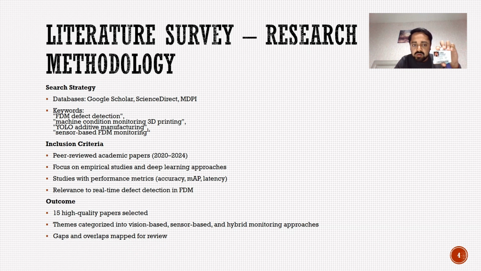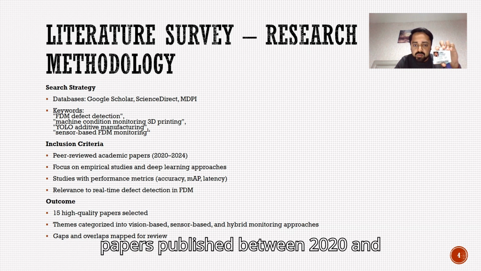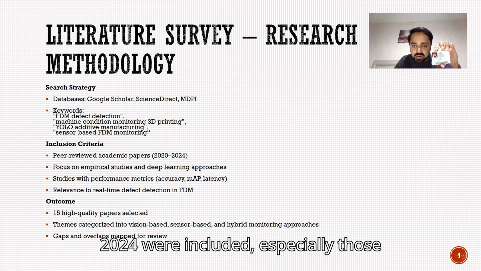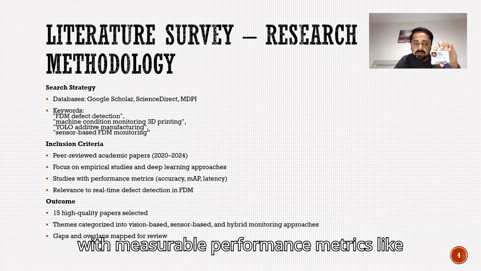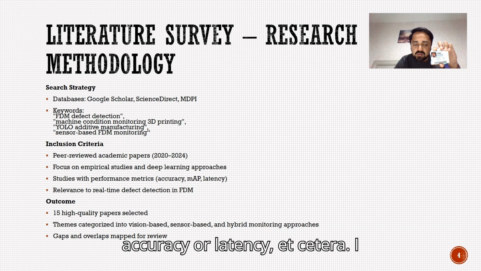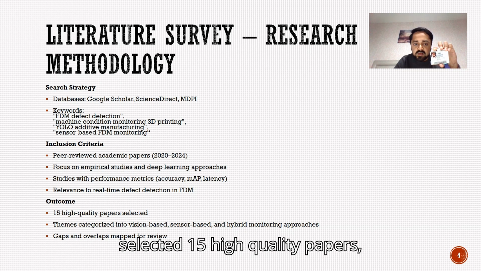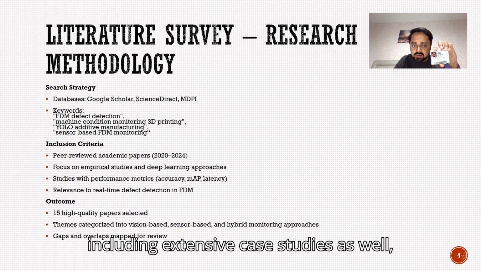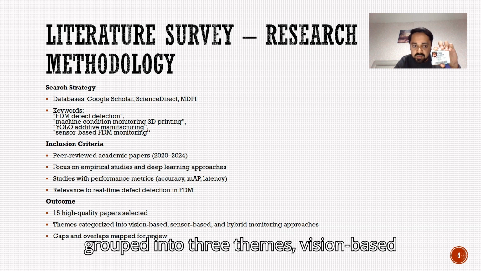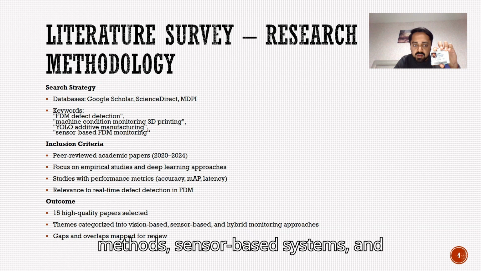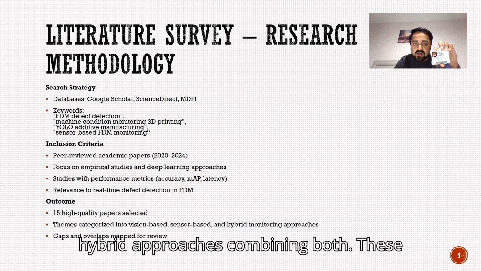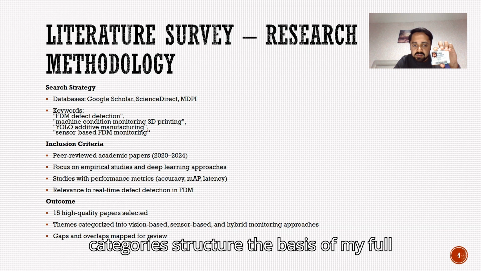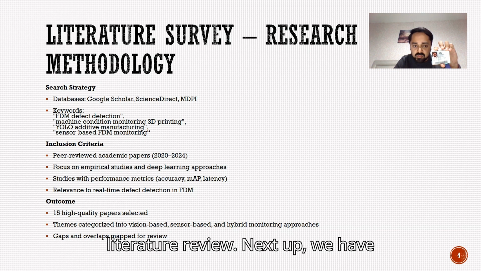Only peer reviewed papers published between 2020 and 2024 were included, especially those with measurable performance metrics like accuracy or latency, etc. I selected 15 high quality papers, including extensive case studies as well, grouped into three themes: vision based methods, sensor based systems, and hybrid approaches combining both.